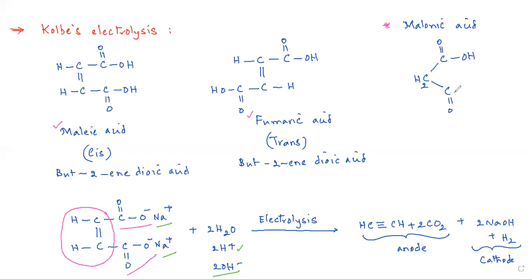So this is malonic. There is one more thing called malic acid. Say this: malic. The source of this malic acid is Pyrus malus, which is apple.